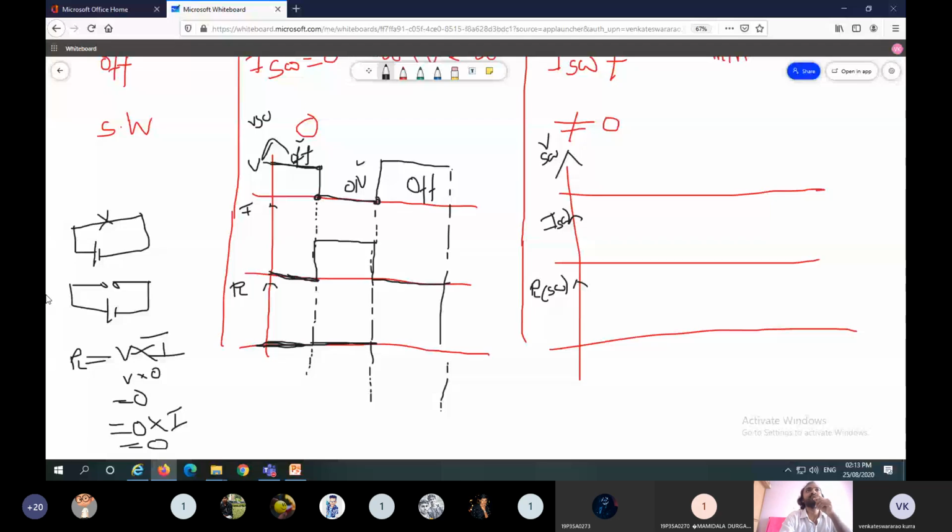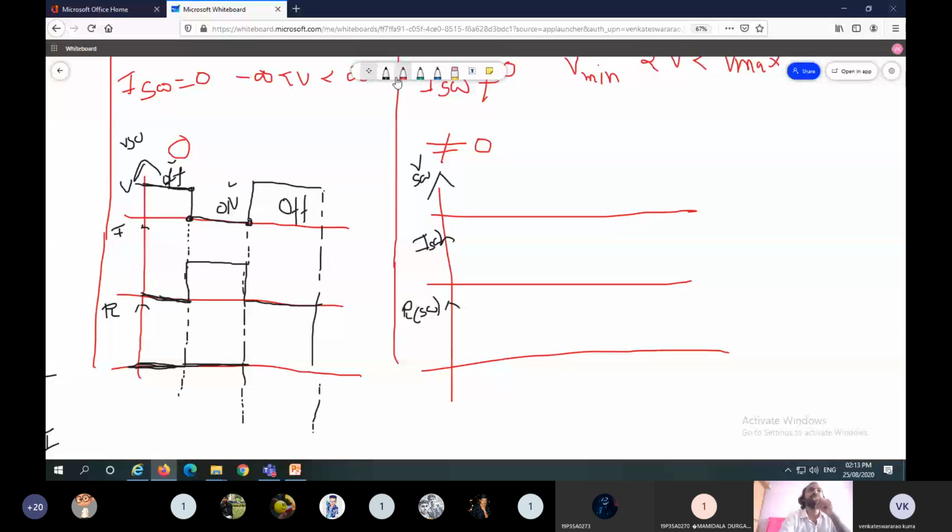Coming to practical devices. Initially assume the device is in off state. So voltage across the switch equals the supply voltage V like this. This one is the supply voltage V. Whenever the switch is turned on, either diode or SCR, it will take certain time to make the transition from off state to on state.